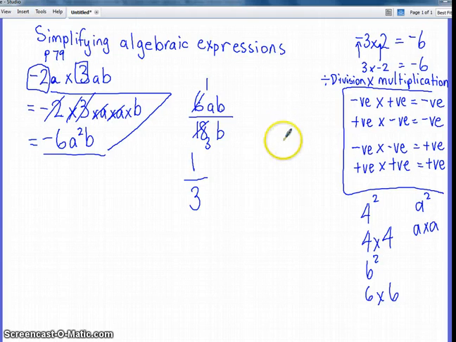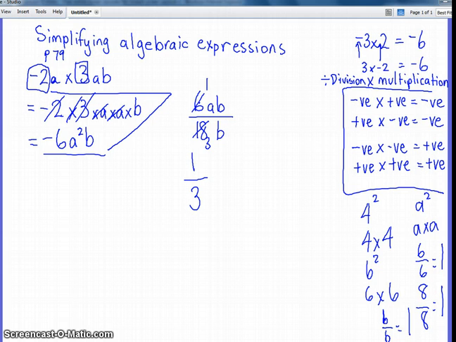Okay. B divided by B. What do you reckon B divided by B is? Any number divided by itself must be 1, mustn't it? Again over here, 6 divided by 6 is 1. 8 divided by 8 is 1. B divided by B is 1.